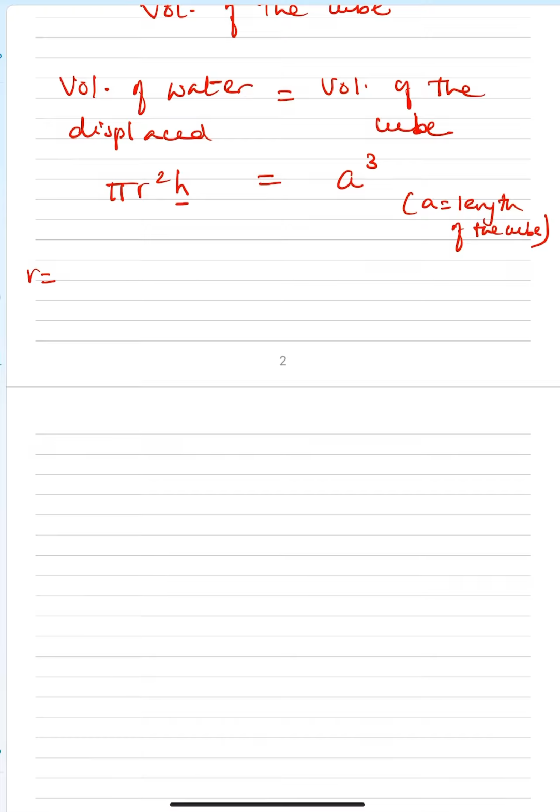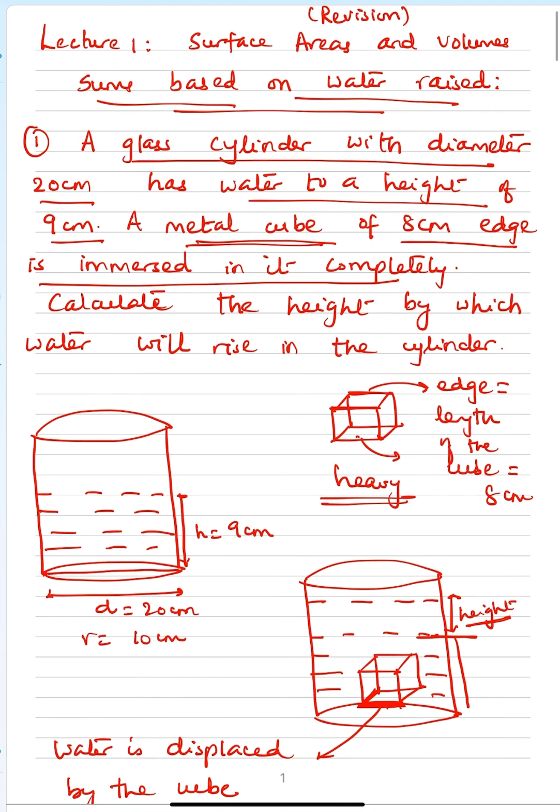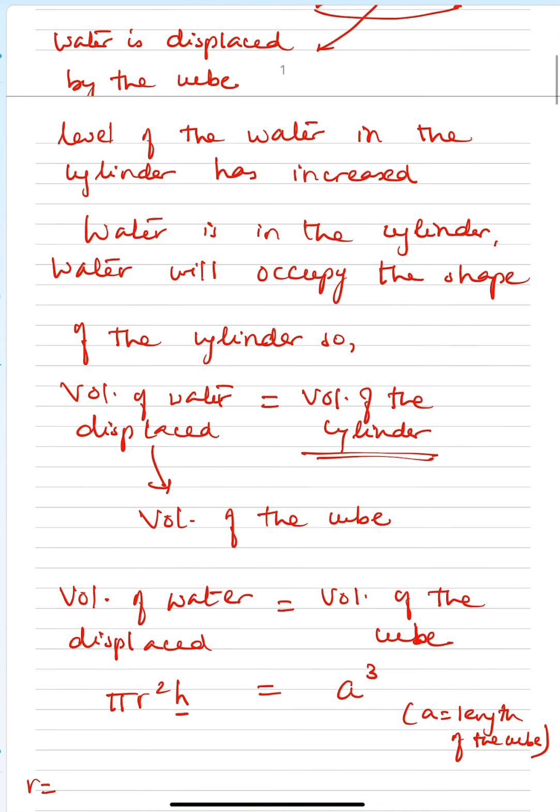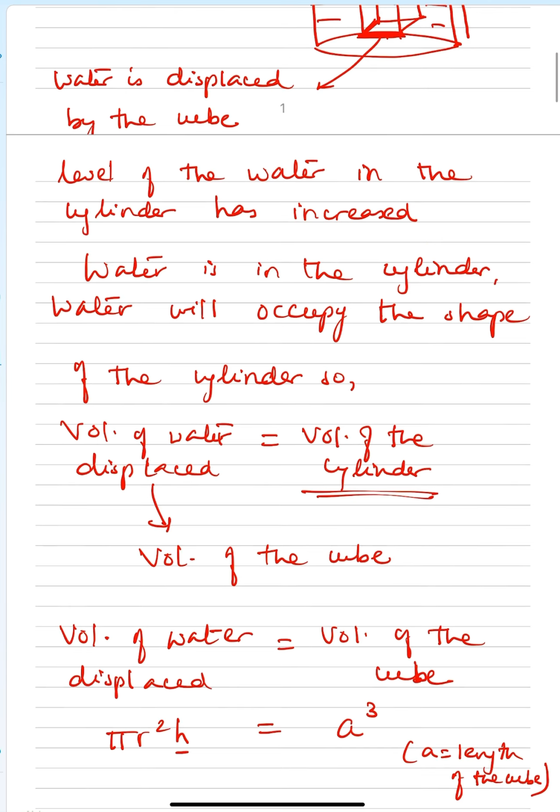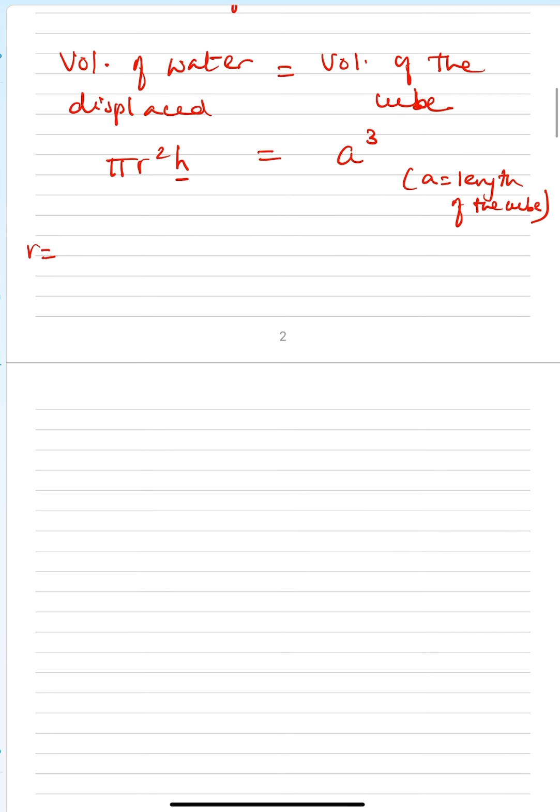How much is the radius given to us? 20 centimeters. No, 20 centimeters is the diameter, so the radius is 10 centimeters. Let us substitute the value. So pi into 10 into 10 into h is equal to, a here is 8 centimeters, so I will write 8 into 8 into 8.